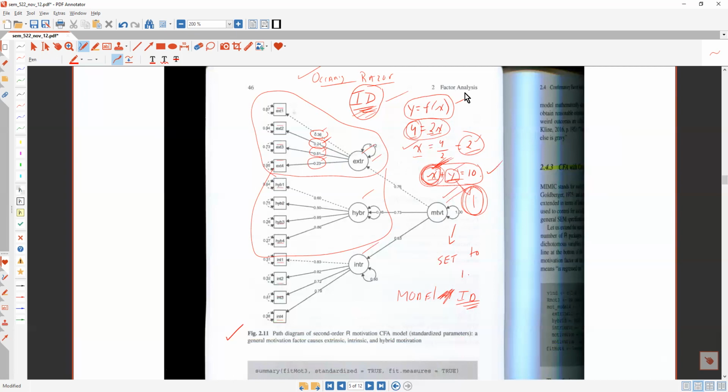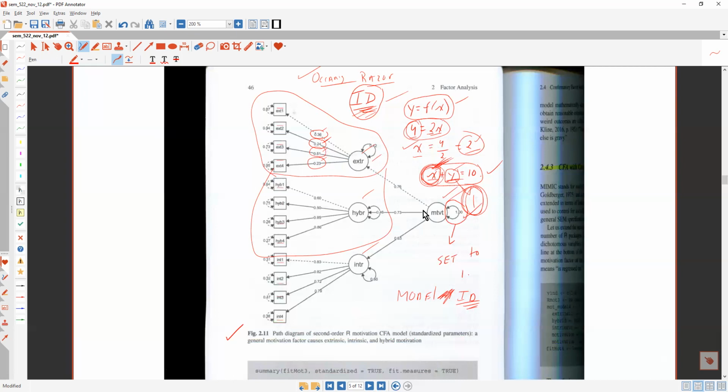So this is a very simple situation, just using a simple equation, but that's the concept when you're working with these models, that sometimes the software will say your model is not identified. You'll have to fix a parameter or two in order to identify the model. And here's an example where this variance, we're setting it equal to 1.